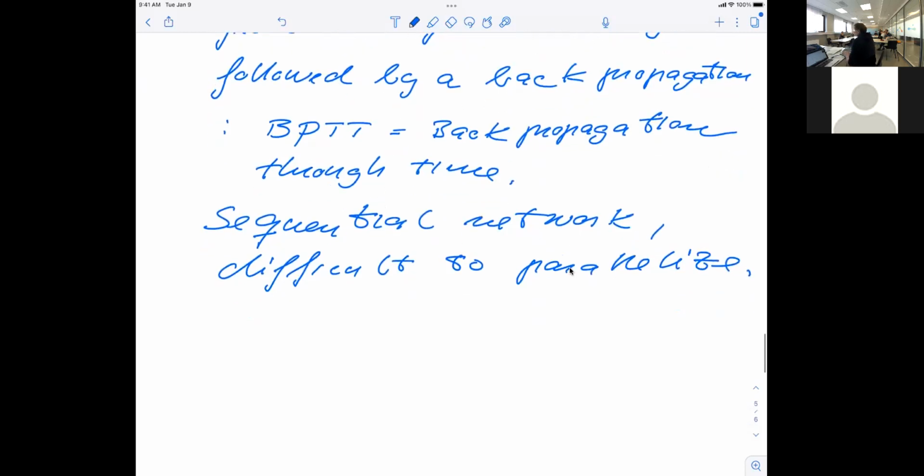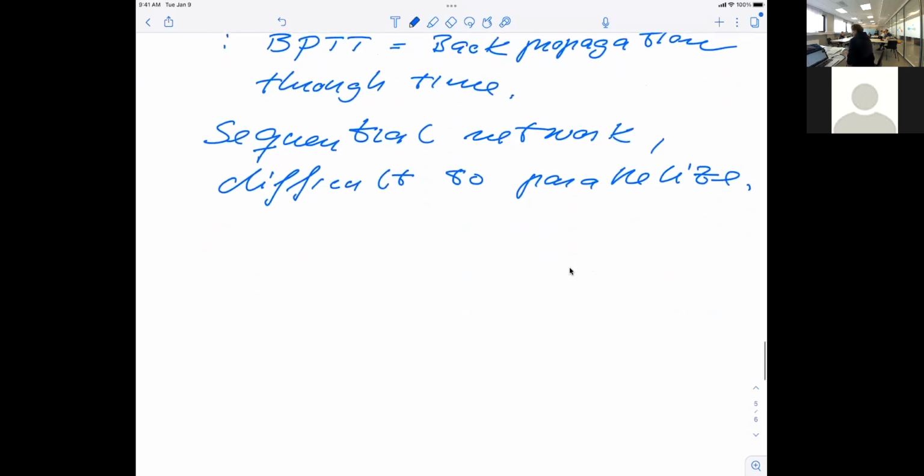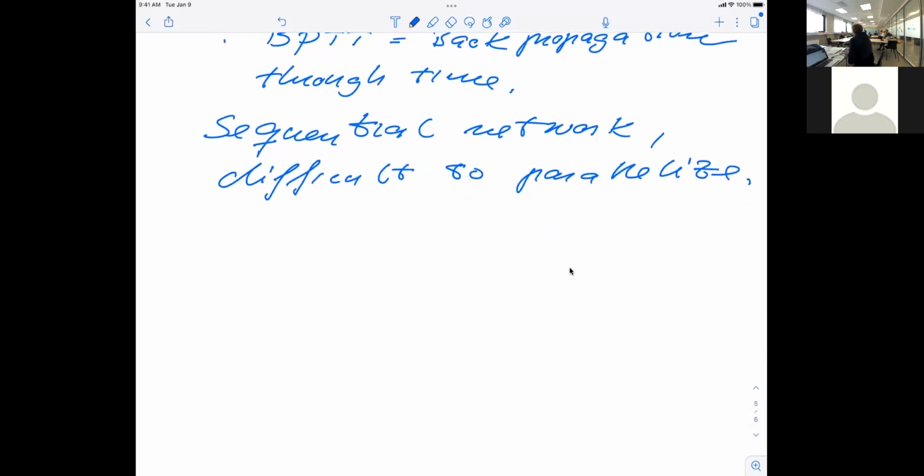So what you could do then is replace this kind of feed forward from the hidden layer by simply using the output from the previous layer.